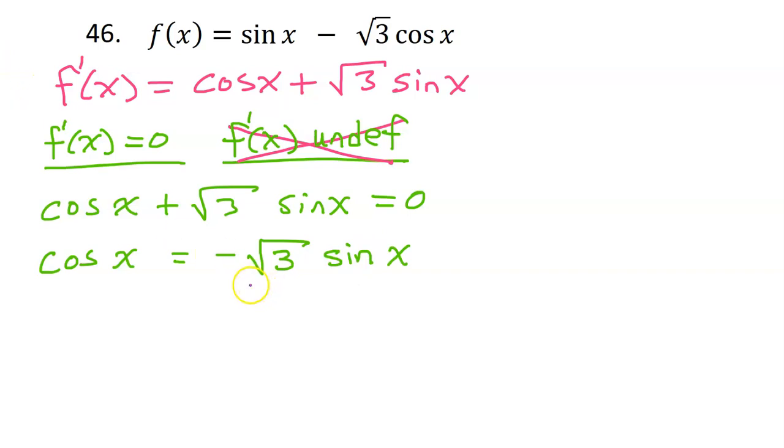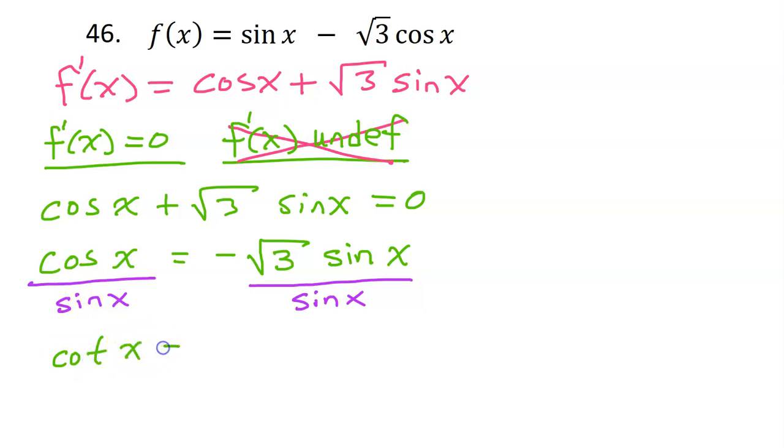Let's divide both sides by sine x. This will give us cotangent x. So we have cotangent x is equal to negative radical 3. Because of course these cancel each other out.